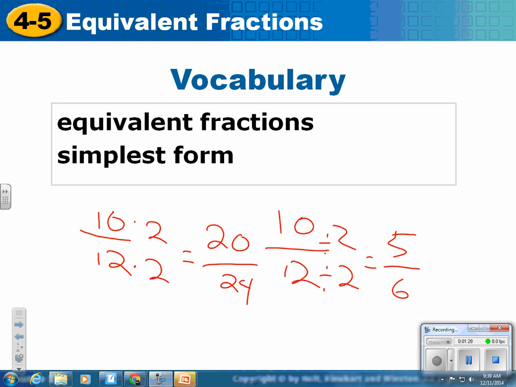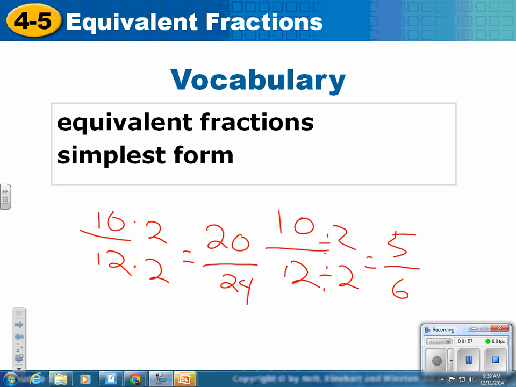Okay. What's 20 divided by 24? Same thing, 0.83 repeating. What's 5 divided by 6? What do you think it's going to be? 0.83 repeating. Okay. 10/12 is equivalent to 20/24, which is equivalent to 5/6.